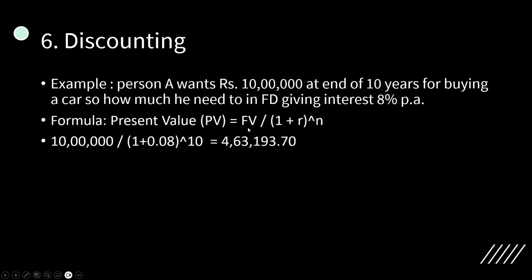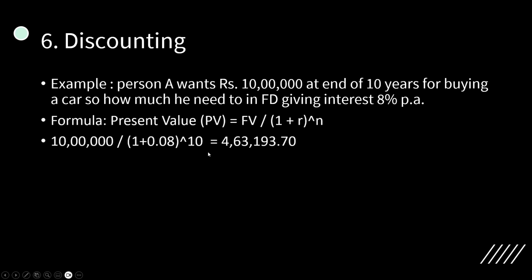So the formula is future value divided by 1 plus r raised to n. The future value is 10 lakhs rupees, divided by 1 plus 0.08, as the bank fixed deposit pays 8% interest, raised to 10. Why 10? Because the person needs the amount at the end of 10 years, so raised to 10.